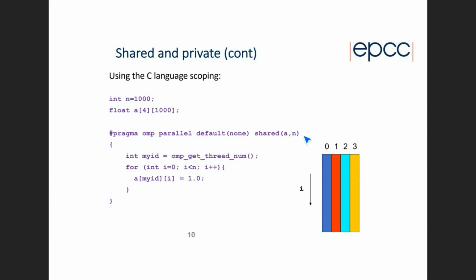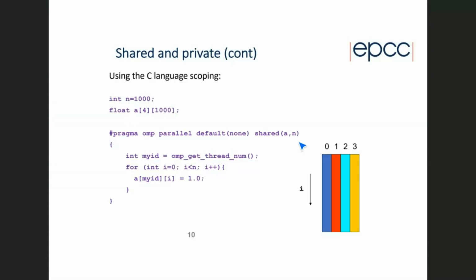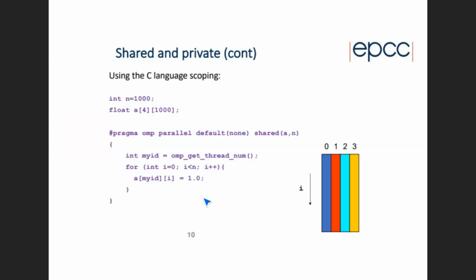In fact, I cannot also declare them as private on the parallel region directive because they're not in scope at that point. Anything that appears in the shared or private clauses on the parallel region must have been declared previously and must be currently in scope for it to make sense. So this would very much be the natural way of coding this in C.